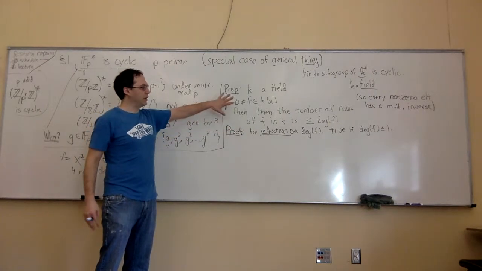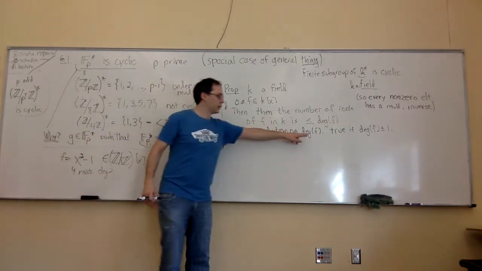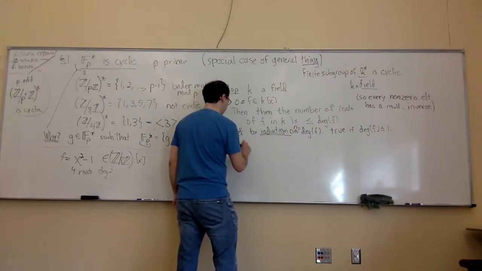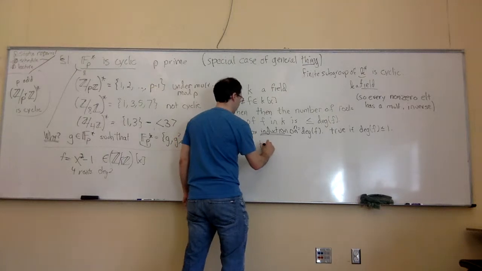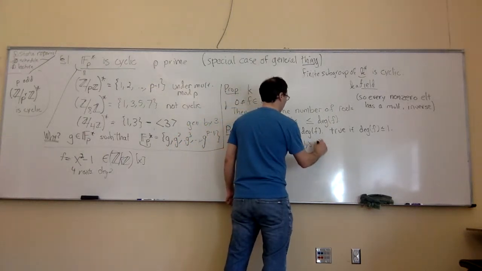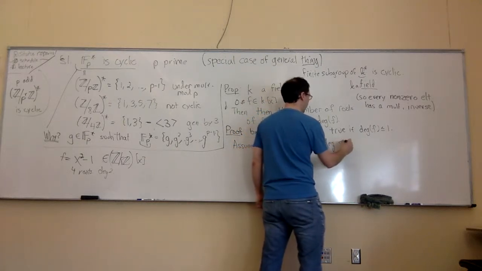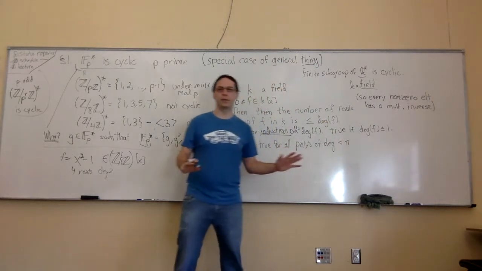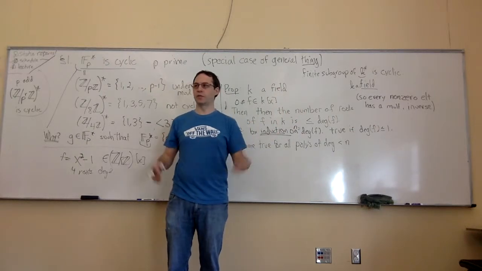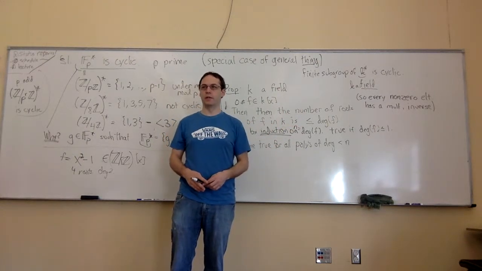So now assume the statement is true for all polynomials of degree less than n, where n is the degree of f. Take any polynomial of degree less than n, this statement is true. And now I need to prove it holds for this polynomial f of degree n.